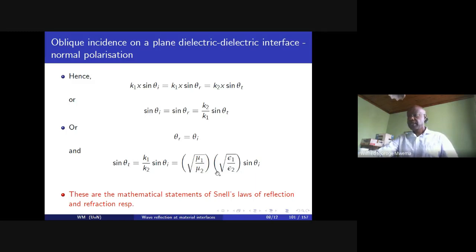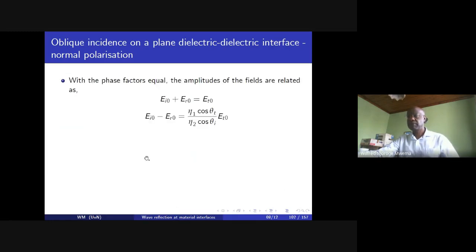So these are called Snell's laws of reflection, that is theta R equal to theta I, and laws of refraction, that is sine theta T equal to that relationship. Okay, we have met this already in physics, I suppose.